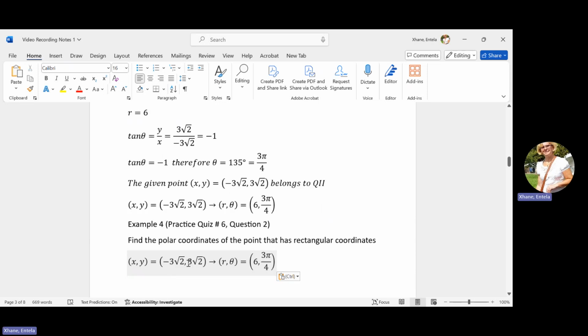So my given coordinates now are, so this is going to be 2 square root of 2. I'm reading directly from the practice quiz. So the second coordinate of question 2, y is equal to negative 2.